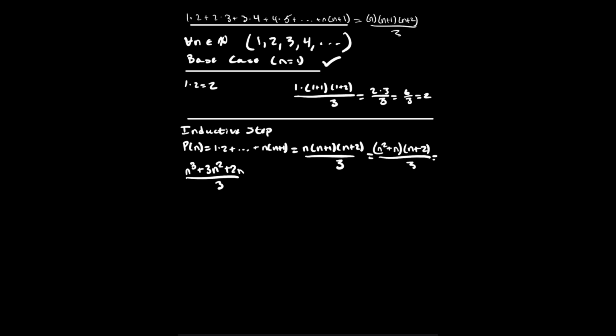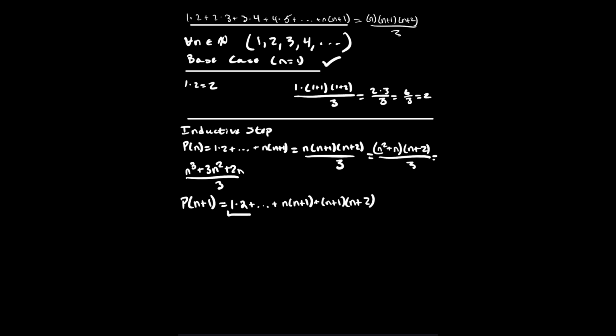And what we're going to want to do is take P of n plus 1, and prove that both sides are equal to each other. So 1 times 2 plus ... plus n times n plus 1 plus n plus 1 times n plus 1 plus 1, which is n plus 2.